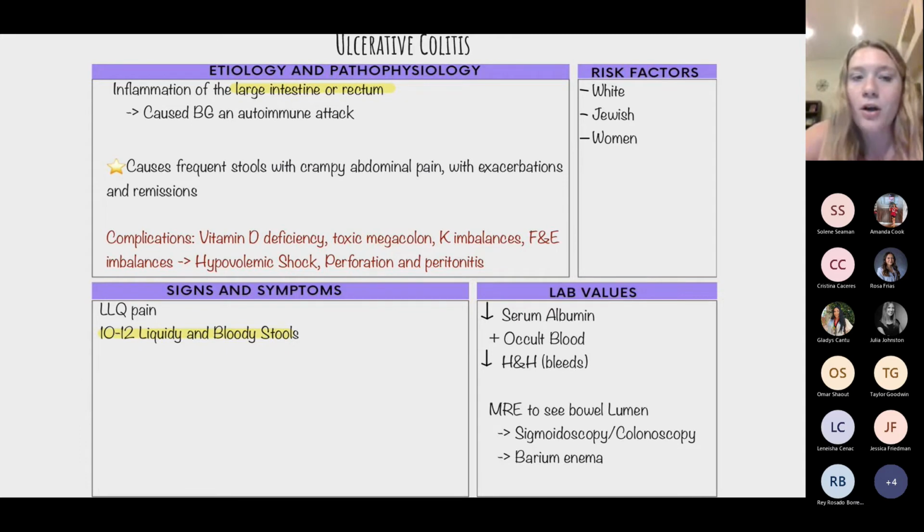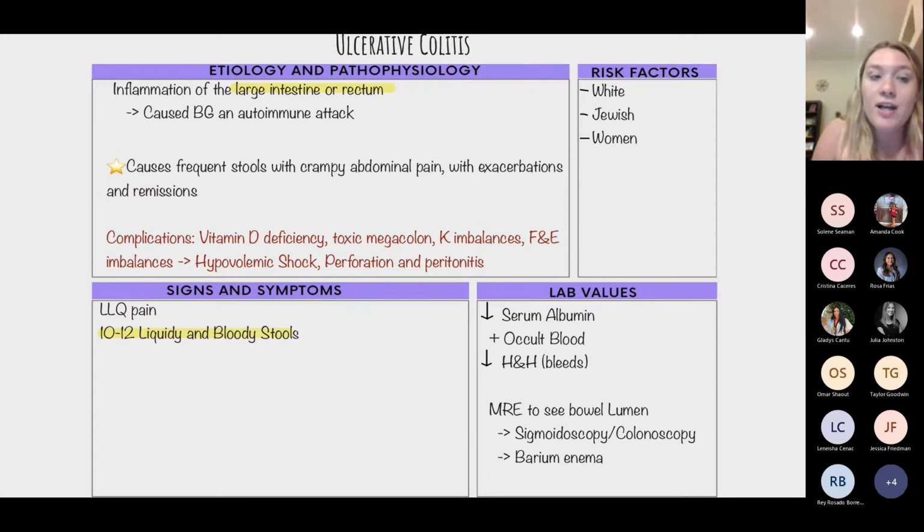However, when we talk about ulcerative colitis, our issue per se is with the large intestine or the rectum. What's interesting about ulcerative colitis is I can actually pinpoint where in the intestinal tract the issue is. This is really interesting when we talk about treatment.